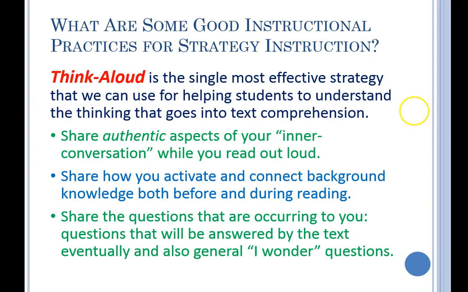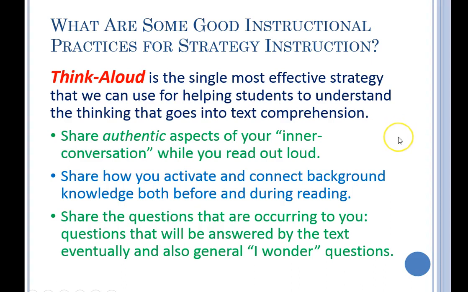And we have to remember that this has to be us talking, because we are the expert readers. So we have to show them what's happening in our heads, not let them interfere and interject. It has to be our thinking. So as we're thinking aloud, what we're doing is things like sharing the authentic inner conversation, the voices in our heads, what's going on in our heads as we're reading.